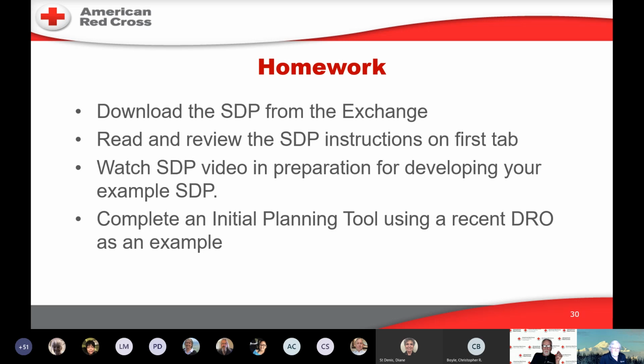So what we'd like you to do here in the exercise is first to download the service delivery plan, and you can find it on the Exchange by just searching for service delivery plan. We put the link in the chat earlier, so you can use the link there, or just do the search. We want you to read the instructions. The first tab is the instructions on how to fill it out.